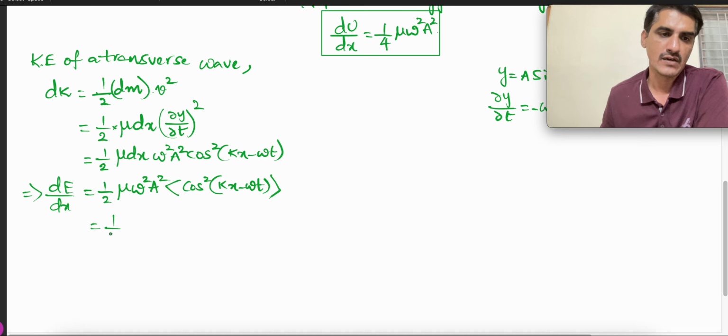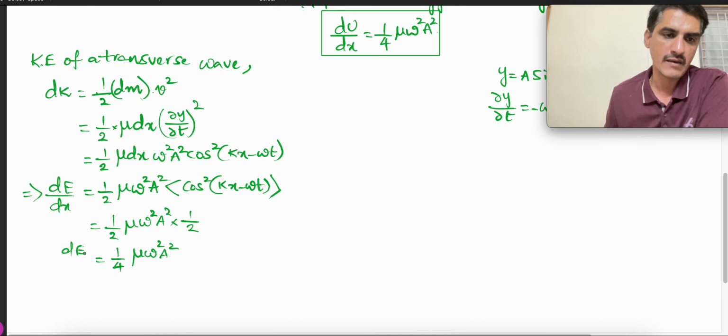So I can get now half into mu omega square a square into the average value of it, which is 1 by 2. Therefore, I am going to get half mu omega square a square. This is dk by dx, kinetic energy, right?